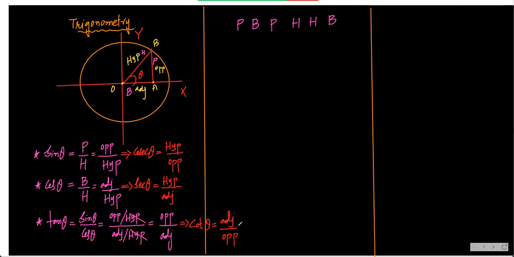This concept is repeated everywhere. Opposite by hypotenuse, adjacent by hypotenuse. Tan theta value is opposite by adjacent. The first ones in pink color are the original ratios and the ones in red color are their reciprocals.